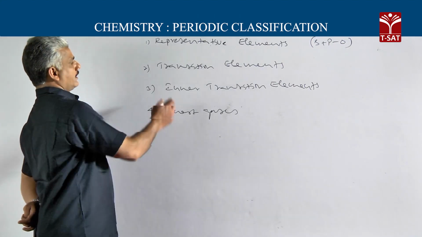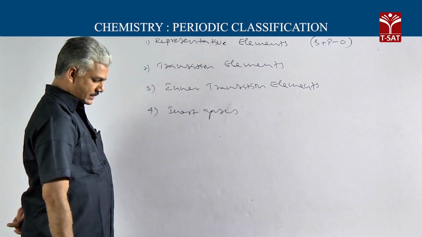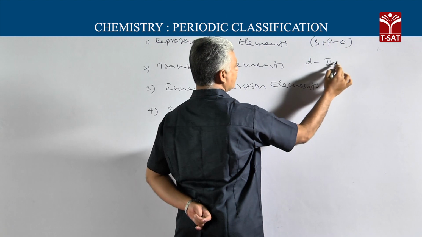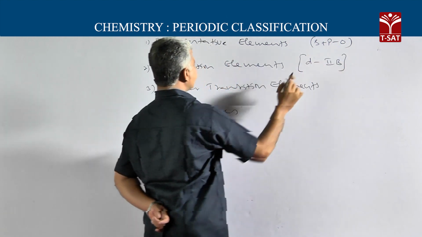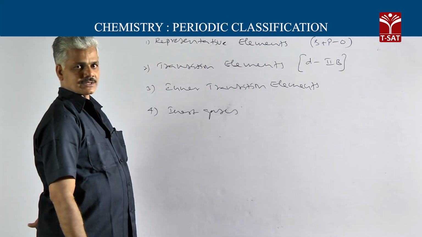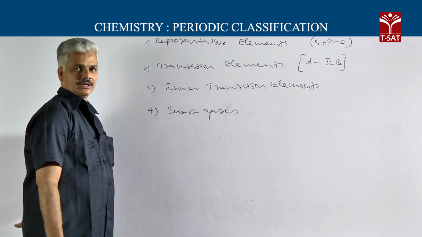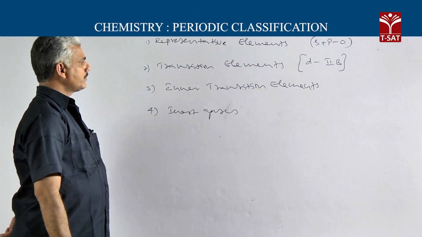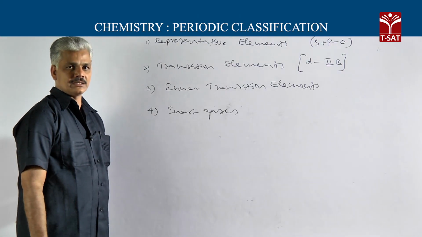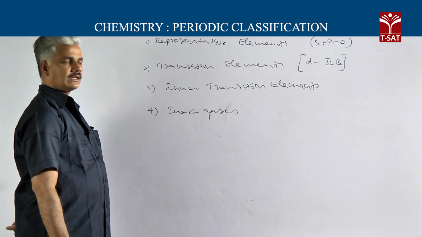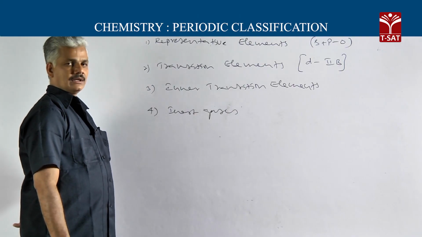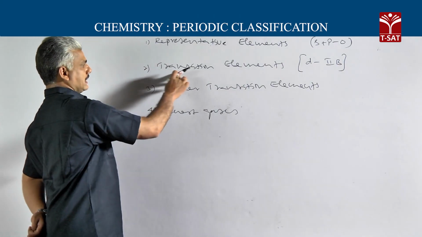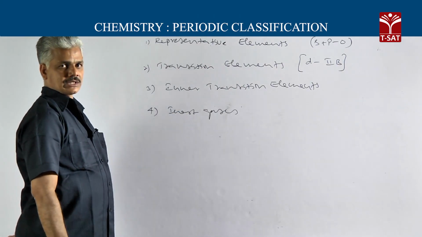Coming to transition elements, all the D block elements excluding 2B group elements are called transition elements. As per the definition, if the element possesses incompletely filled penultimate d sublevels either in the elemental form or in any one of its common ionic forms, then it is called a transition element.